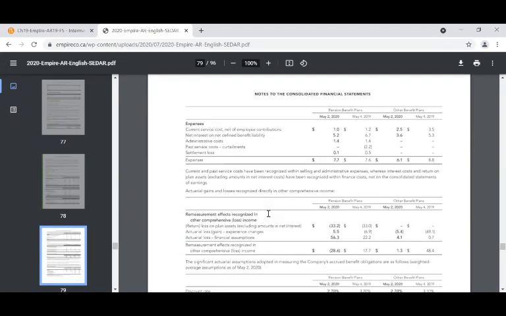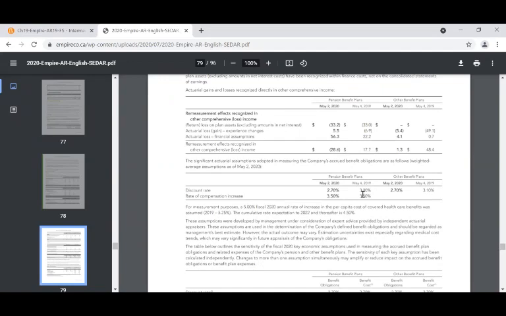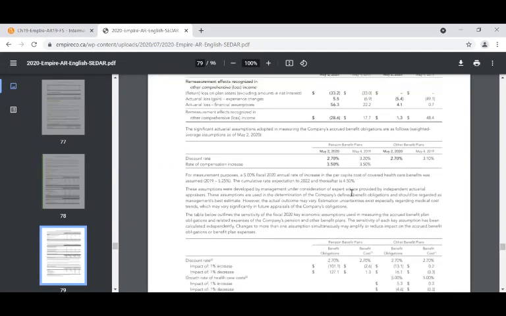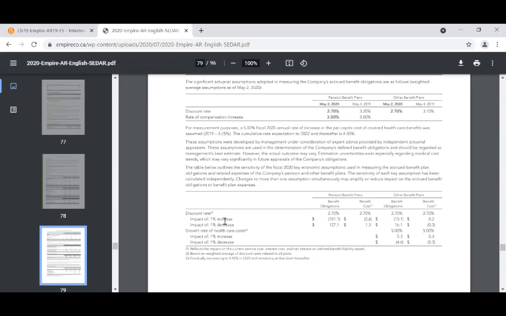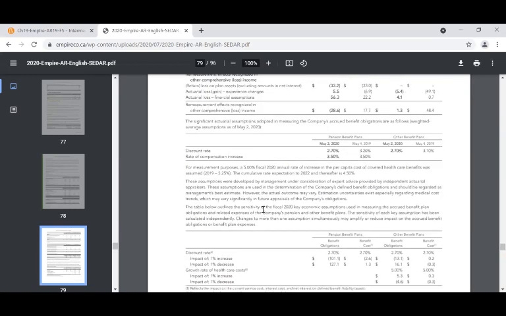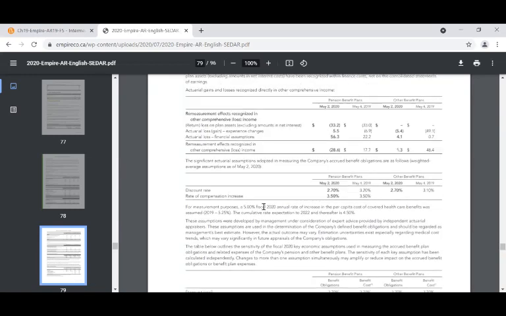And then there are additional things like the discount rate used, and they have a little bit of what-if analysis. So if the discount rate increases a little bit or decreases a little bit, these give you a sense of how the liability and the expense will be affected had the assumption been revised a little bit.